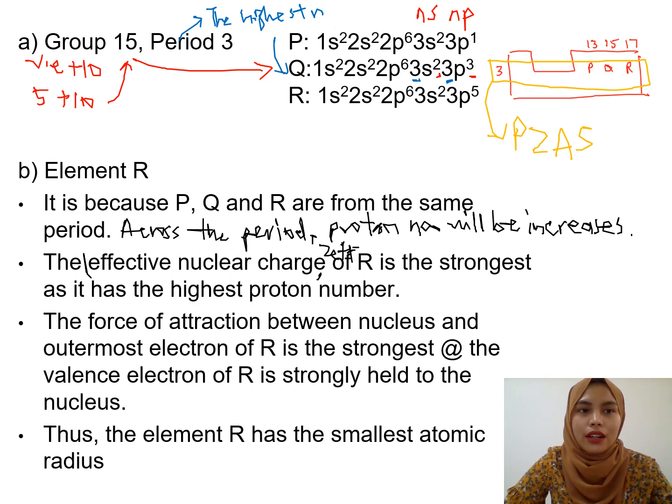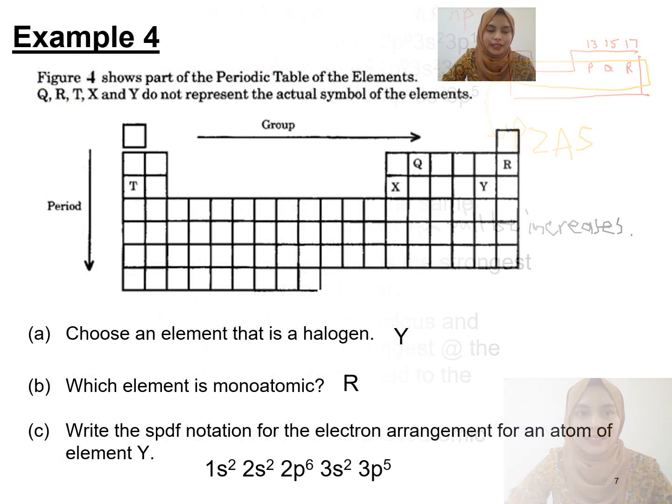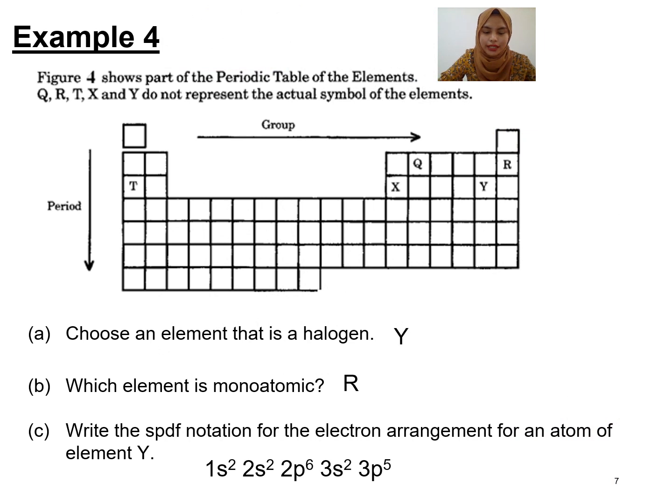Okay. Alright, next. The last example is example 4. So if let's say you ada this one periodic table of elements with anonymous elements, dia bagi je lah Q, R, T, X, Y. Okay, so soalan tanya choose an element that is halogen.